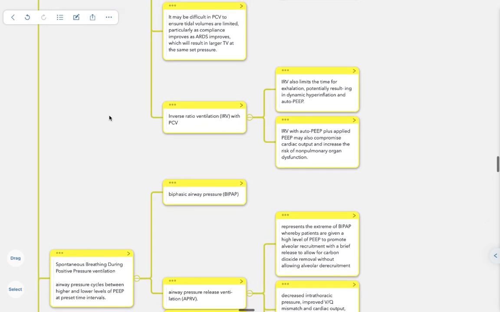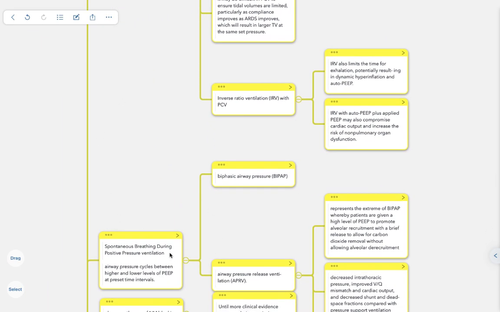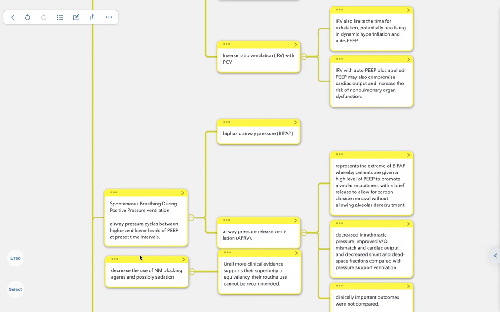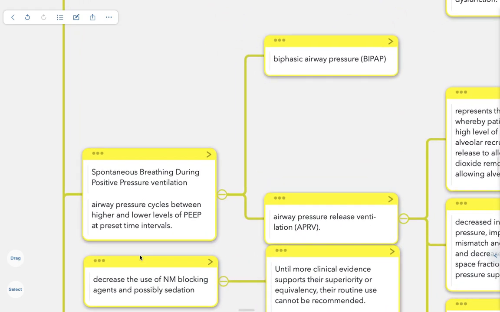Then, after considering the pressure control mode, let's come to spontaneous breathing during positive pressure ventilation. Spontaneous breathing during positive pressure ventilation can also be used as a mode of ventilation. In this, the airway pressure cycles between higher and lower levels of PEEP at preset time intervals, that is the IPAP and EPAP that we set in devices.